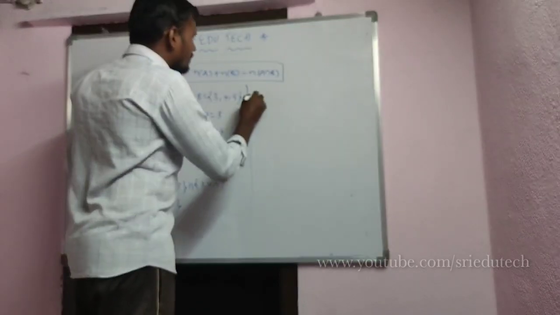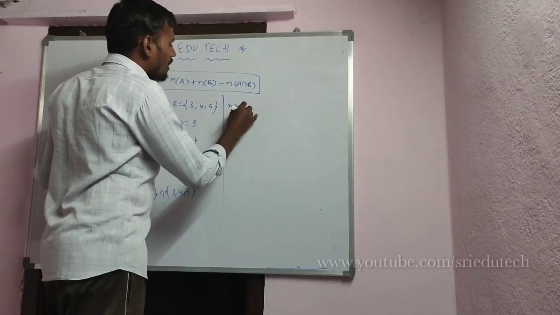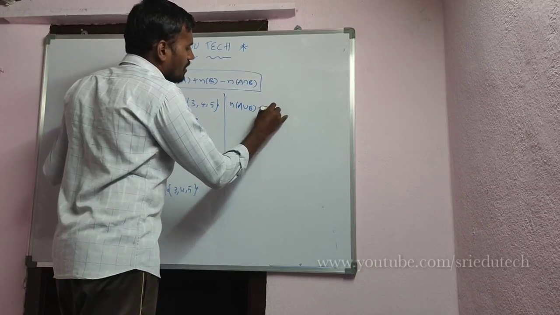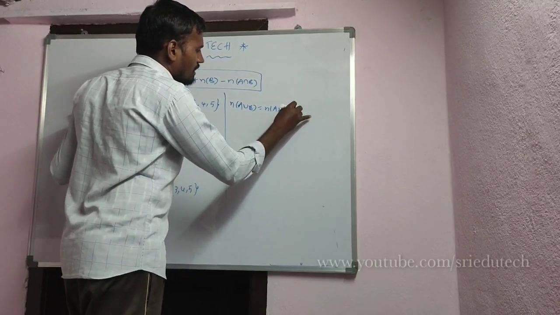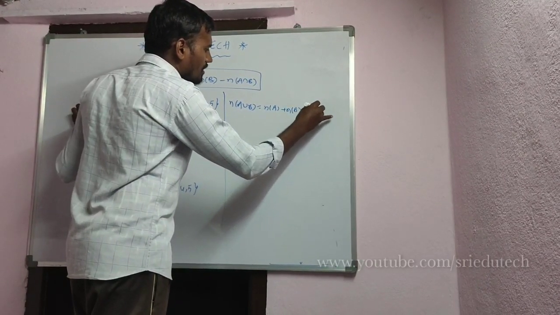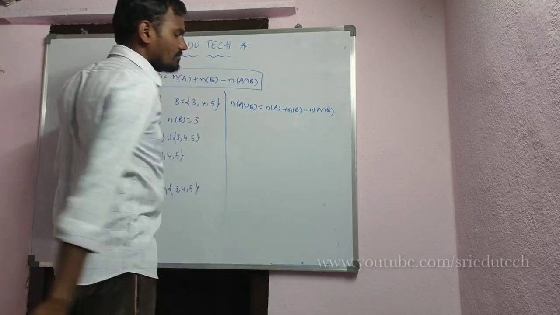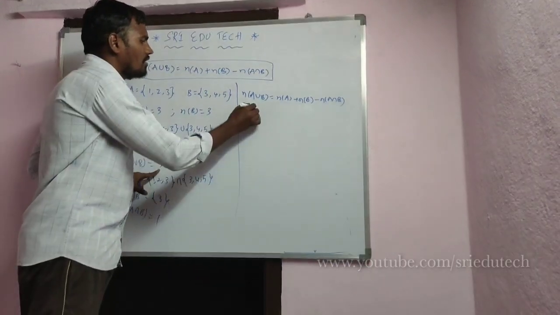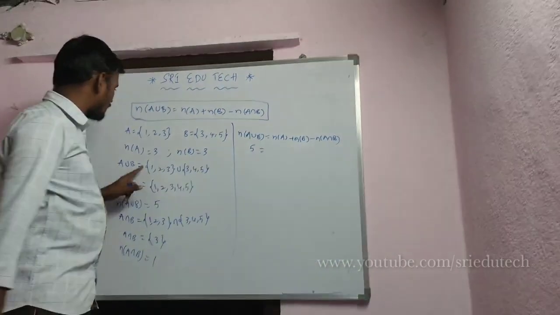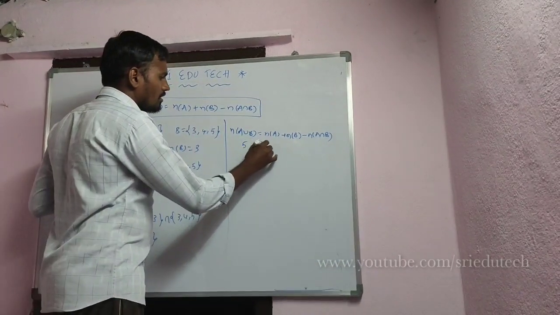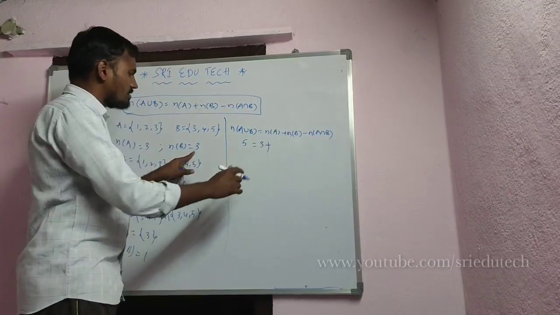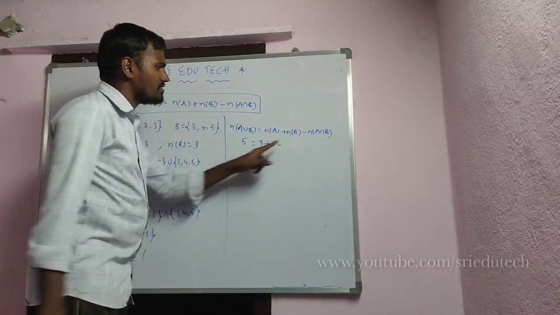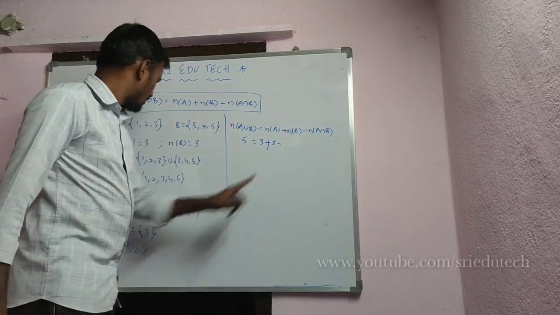Then we get it. N of A union B is equal to N of A plus N of B minus N of A intersection B. N of A union B means 5 is equal to N of A means 3 plus N of B means 3 minus N of A intersection B means 1.